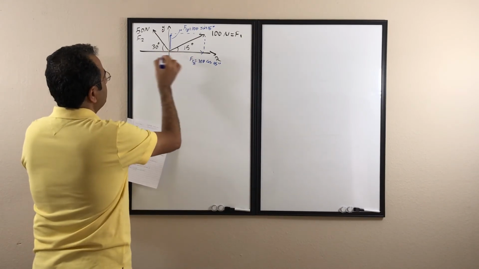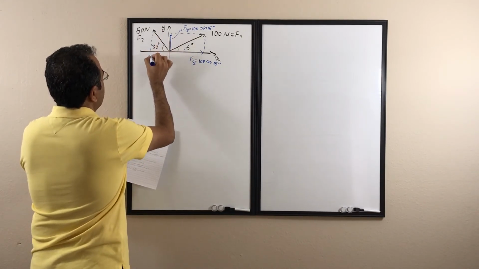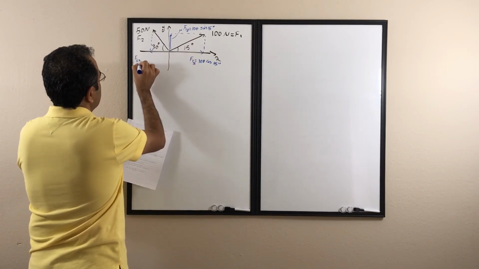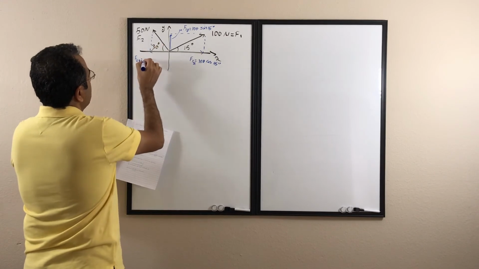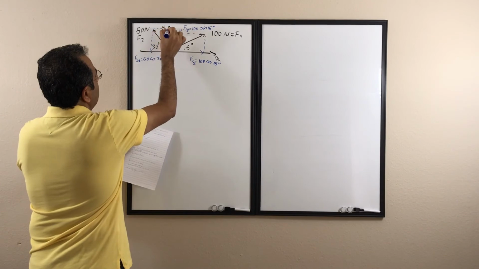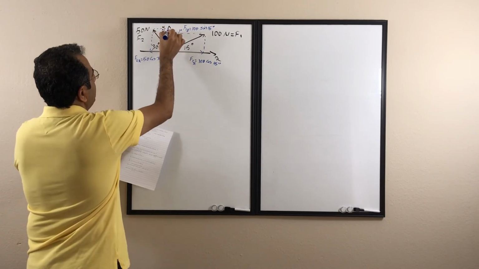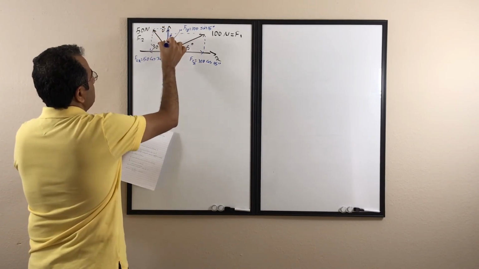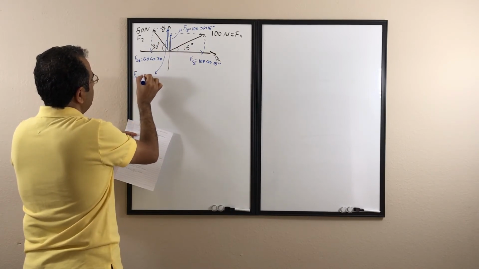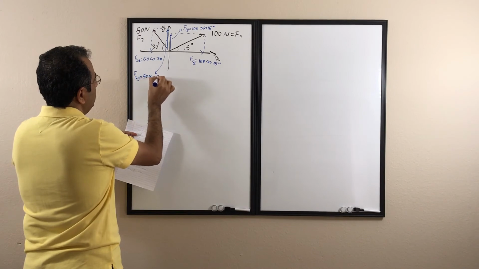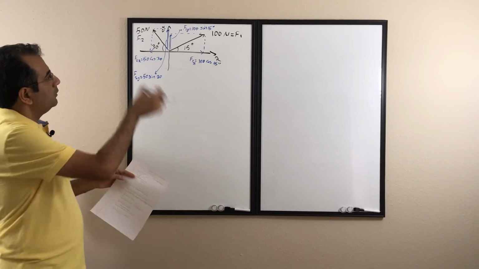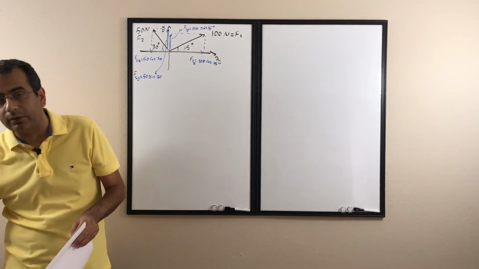The same here, we're going to do that for F2. So F2x, its magnitude in the x direction, is going to be 50 cosine 30, and F2y is going to be 50 sine 30 degrees. So again, the first step is just to find the components on each of the x and y axes.